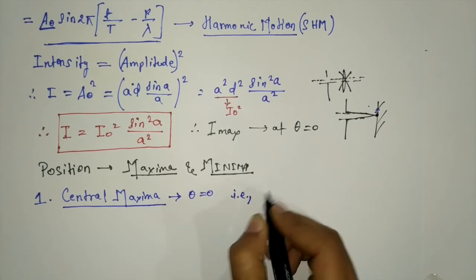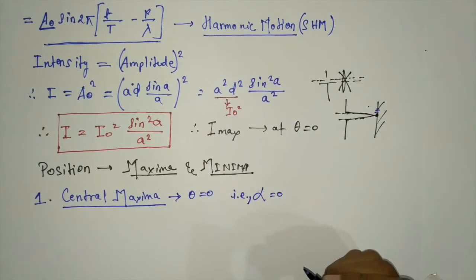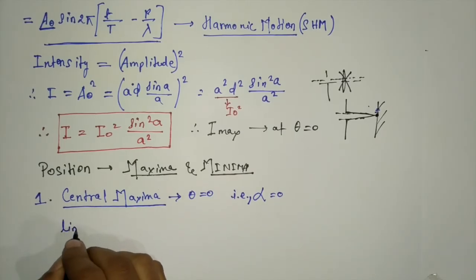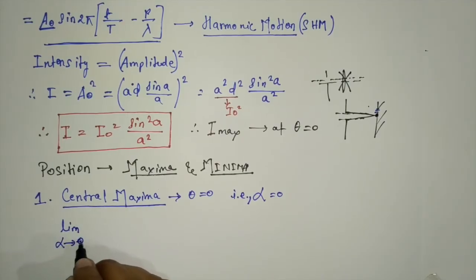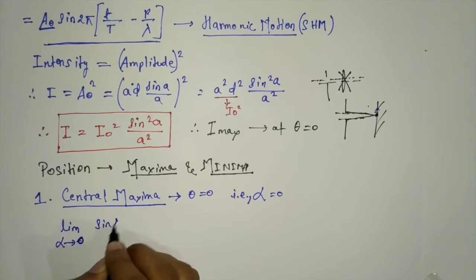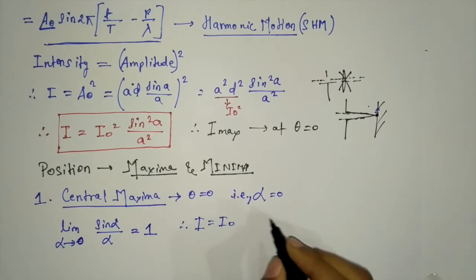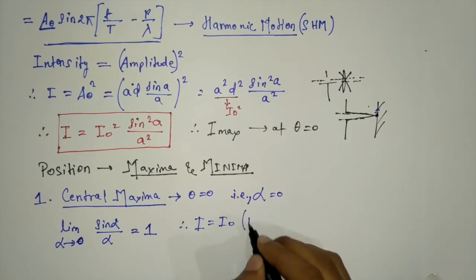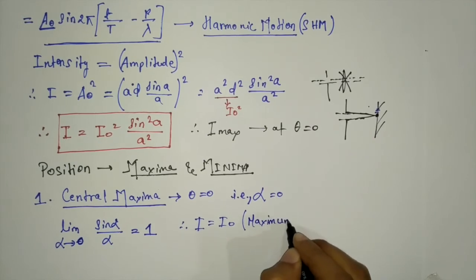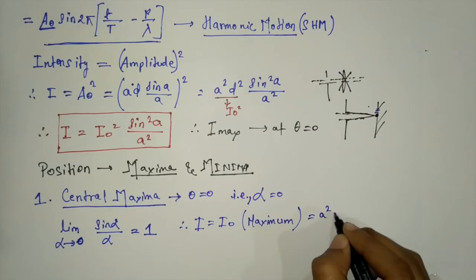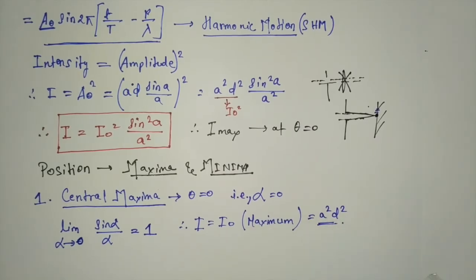That is, alpha will also be 0, and we know limit alpha tends to 0 of sine alpha by alpha is equal to 1. Therefore, I is equal to I naught, that is the value of maximum intensity, which is equal to a square d square. So this will be the position for the maxima.